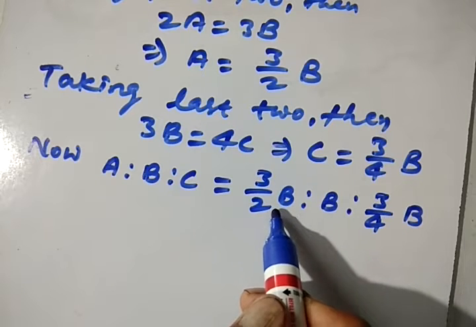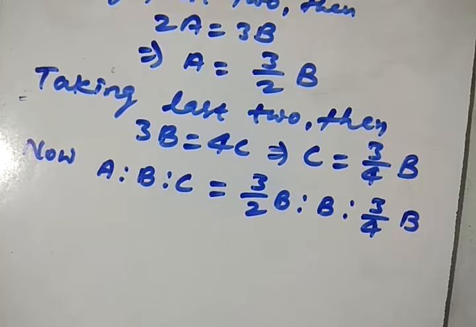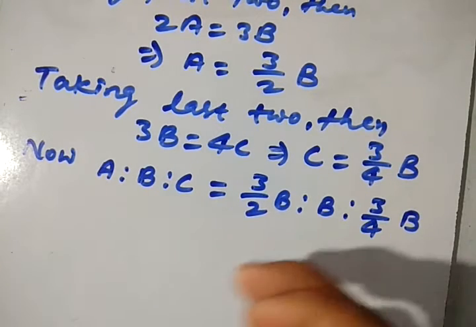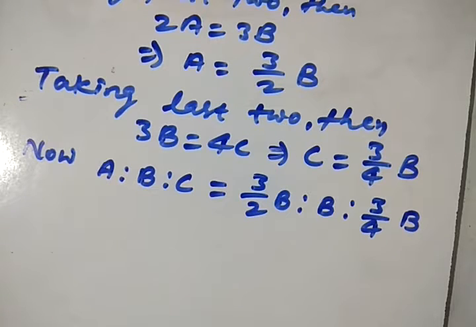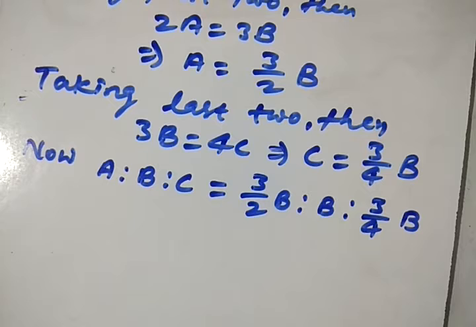Denominator of first term is 2, denominator of second term is 1, and denominator of third term is 4. So LCM of 2, 1 and 4 is 4. So we need to multiply these terms by 4 for removing denominators.